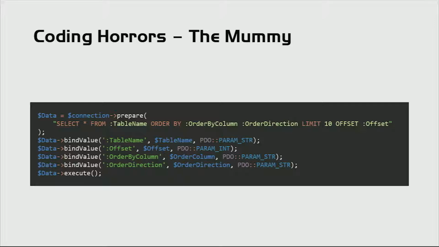So they were trying to use database binding for everything, for the table name, for the offset values, for the order by column. They would probably, if they'd thought about it, have tried using it for a list of column names without understanding how bindings actually work.